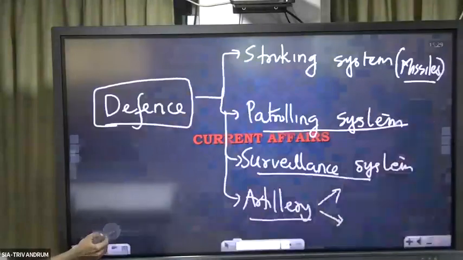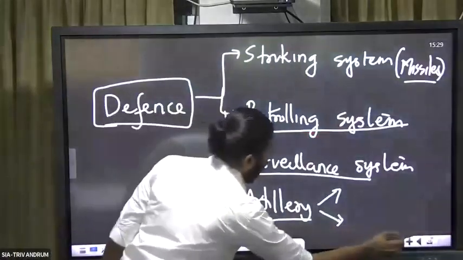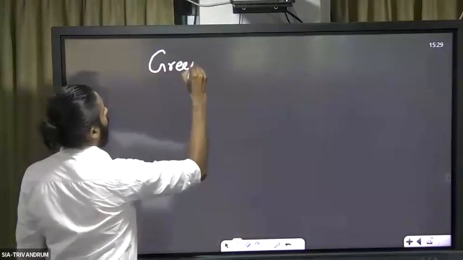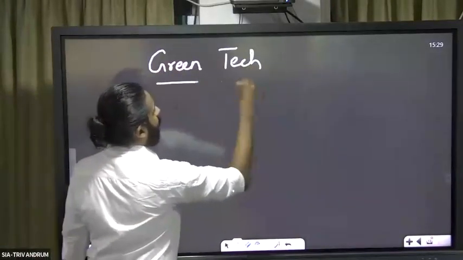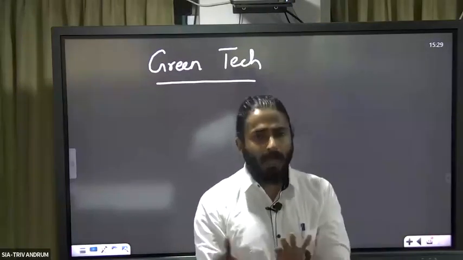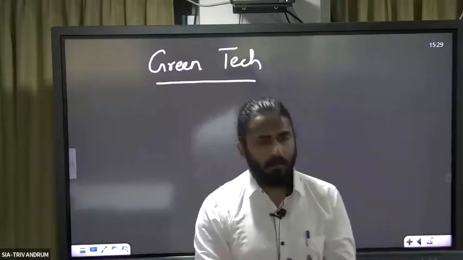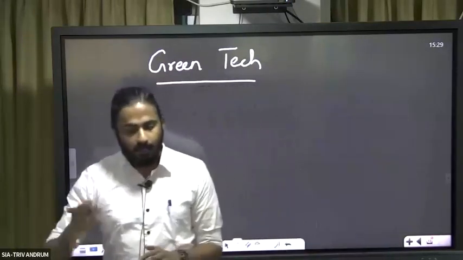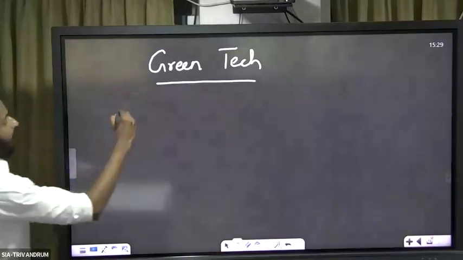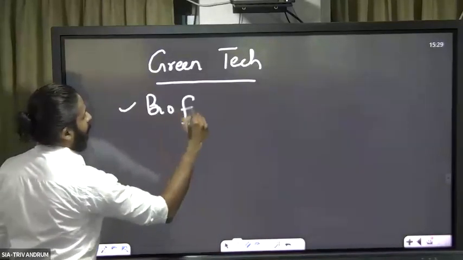So this is one area. Before going to current affairs, there are a couple more areas I want to tell. One is green technology. This is another area where environment and science converge, but still there are certain things you should be thorough about. One is biofuels.